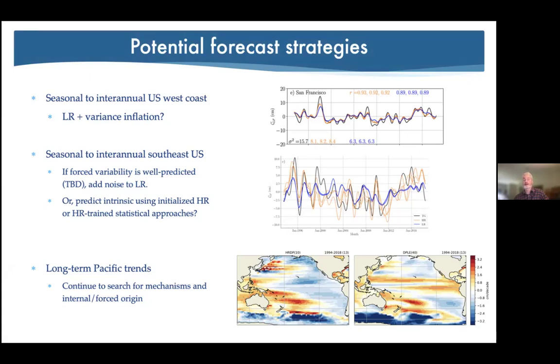And of course, we should consider the forced or internal nature of those trends, and think about that in terms of the ability of our current generation models to predict forced trends into the future, and low frequency internal variability for that matter.